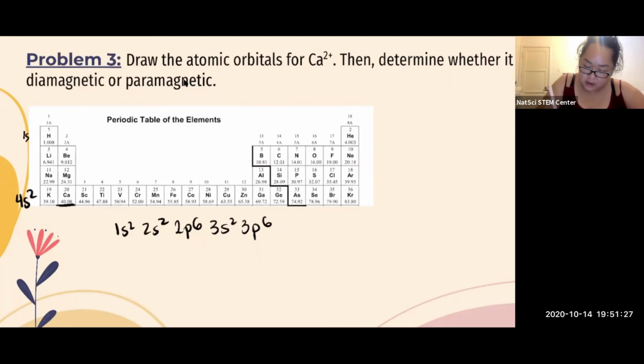Paramagnetic is just anything that is unpaired. Zinc doesn't have any unpaired electrons, it's completely full. Noble gases are also diamagnetic, and so is calcium on its own. So really anything towards the tail end of that s orbital, p orbital, d orbital, where it's full.